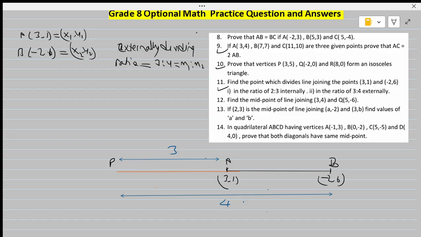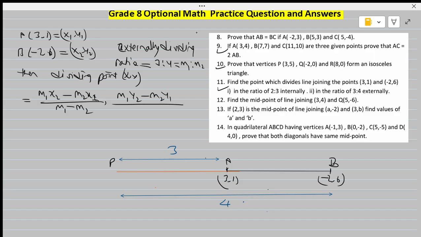And after that we use the formula: the dividing point (x, y) is equal to m1 into x2, instead of plus, now minus, m1 into x2 minus m2 into x1, divided by m1 minus m2. We do y also: m1 into y2 minus m2 into y1 by m1 minus m2. And now we keep their respective values.